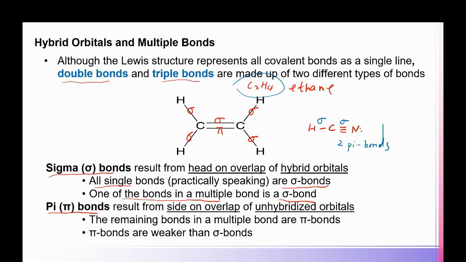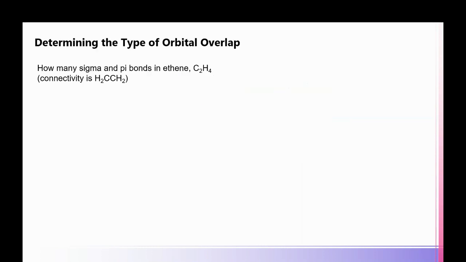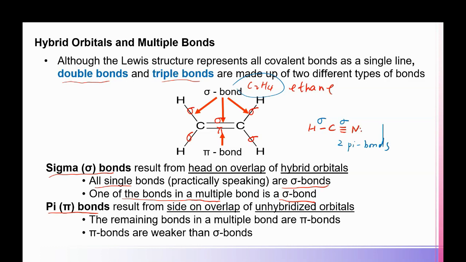Now, what does this head-on overlap or side-on overlap look like? By the way, pi bonds are always weaker than sigma bonds. I'm going to skip the bond strength for now. We're going to come back to it in a later chapter.